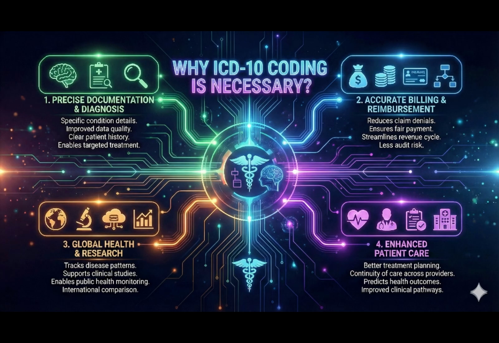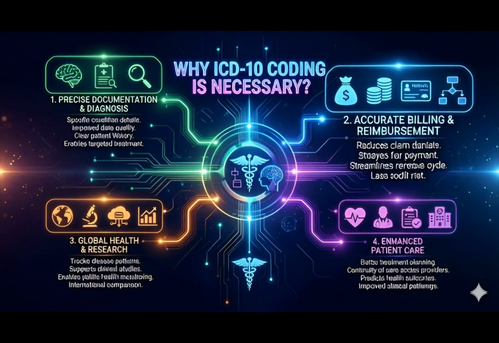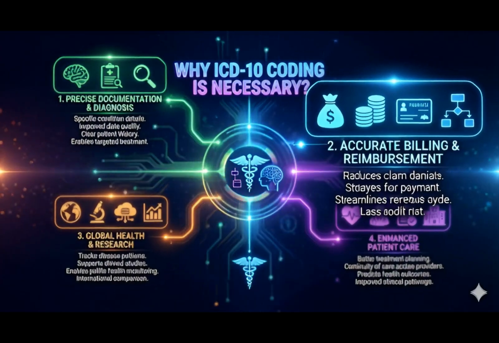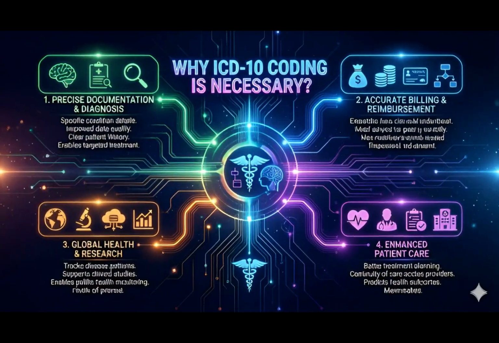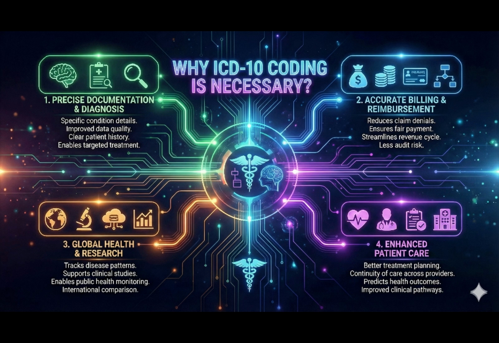This level of detail helps providers deliver more targeted and effective treatment. Second, ICD-10 is essential for accurate billing and reimbursement. Good coding reduces claim denials, ensures correct payment, and strengthens the overall revenue cycle. In simple words, correct codes mean smoother billing and fewer audit issues.